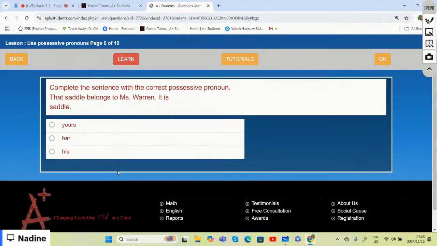All right. And then the last one says, that saddle belongs to Miss Warren. If the saddle belongs to Miss Warren, do we say it is your saddle, her saddle, or his saddle?